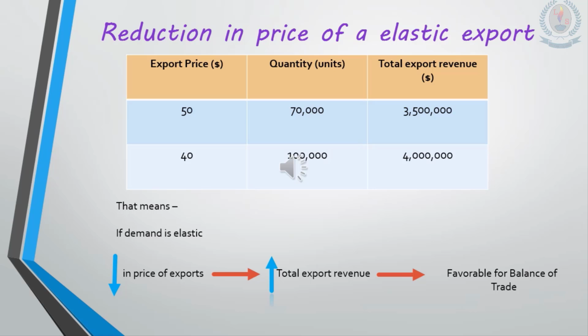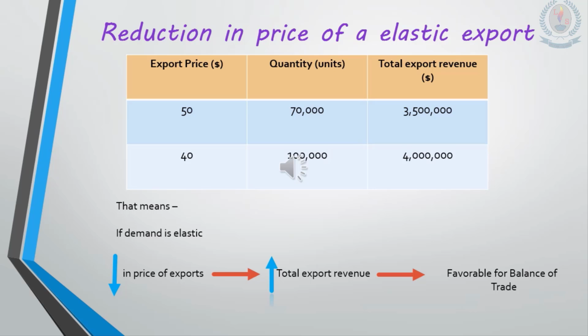Let us now look at an instance where the price has reduced for a price elastic export. We'll take the same example the other way around. The original price is 50 and the quantity is 70,000, and the new price is 40 and the new quantity demanded is 100,000. As we already have the calculations of the total revenue, there's nothing to calculate again. We will look at the effect.